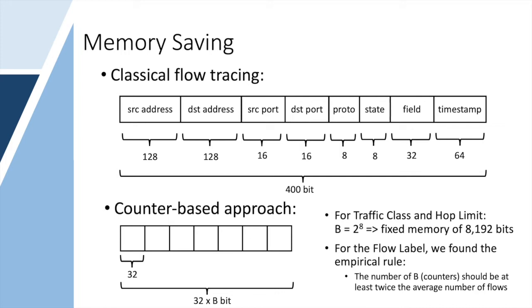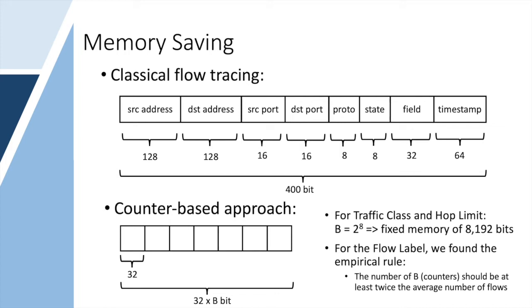For the case of flow tracing, the classical approach requires at least 400 bits of memory per flow, including source address, destination address, source and destination port, protocol, state, the field that we want to inspect, and a timestamp. Instead, when using the counter-based approach and considering, for example, 32-bit long counters, the memory consumption is limited to 32 multiplied by B.